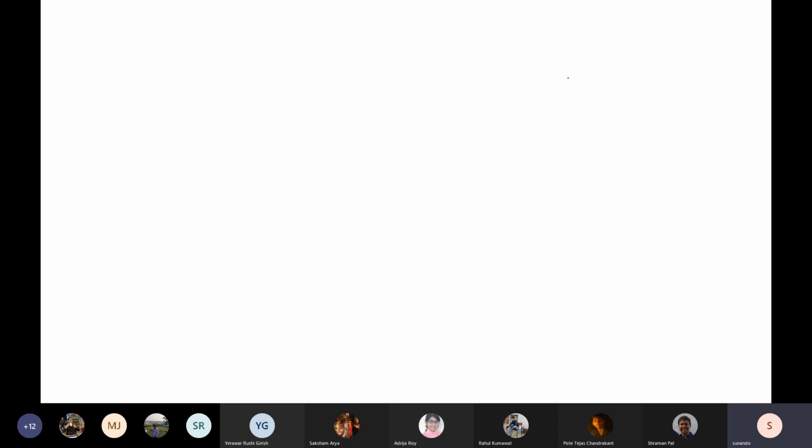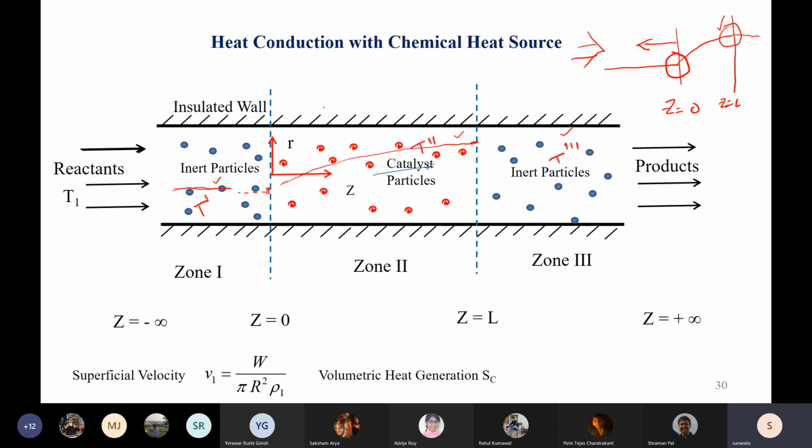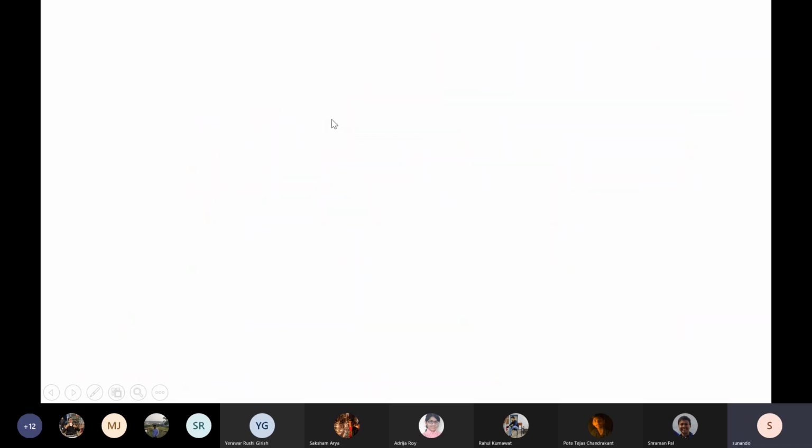So what we have to do is, in the previous problem, in the previous picture, I'm going to take a slice of some length delta z and try to do a shell balance of energy over here and see what kind of differential governing equation I would get.